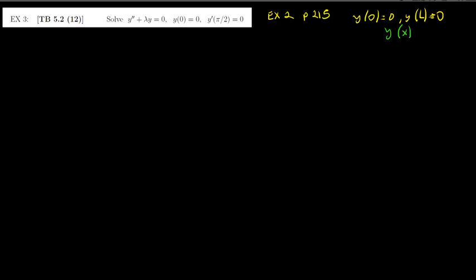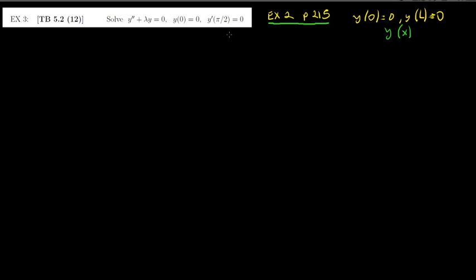Okay, so I'm going to solve this in a very similar way as example 2 on page 215. And I highly recommend you actually read that example first before attempting something like this. But it is done in a very similar way.